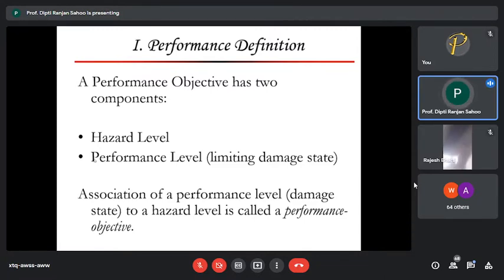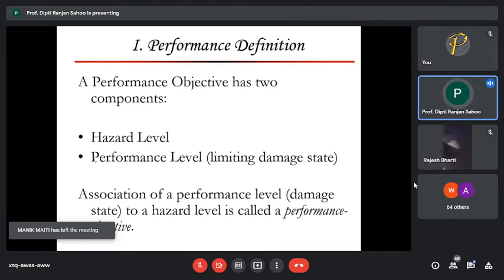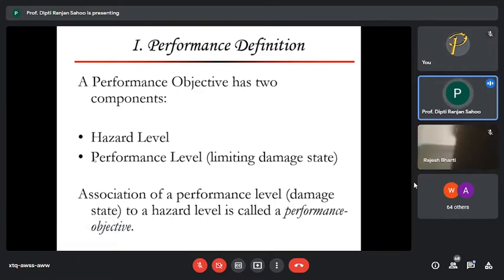If there is a design basis earthquake, and I have a 20-story structure, what is the maximum drift I am expecting? What is the maximum acceleration which the structure will experience? What is the maximum number of elements which will get damaged?